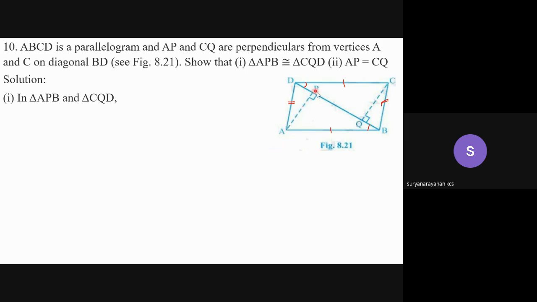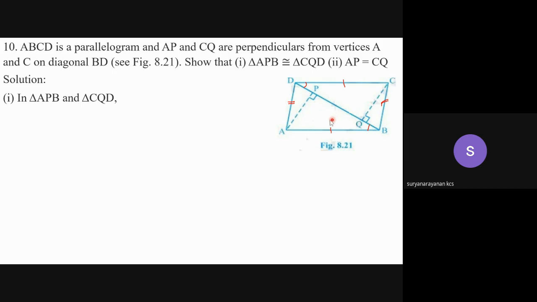Angle APB, what is the measurement of angle APB? 90 degrees. What is the measurement of angle CQD? 90 degrees. It is also 90. Can we equate these two angles?